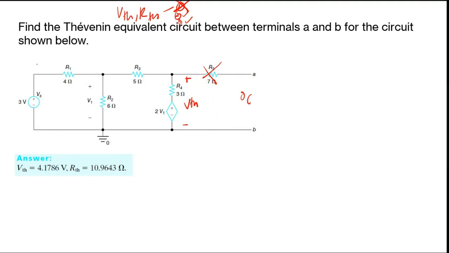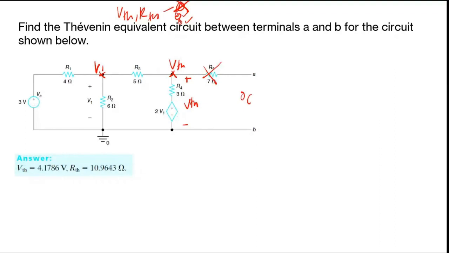So your circuit is going to be just this circuit. What method do you want to use to calculate VTH? I think the node voltage is easiest, because V1 is already put here, and here is going to be your VTH.